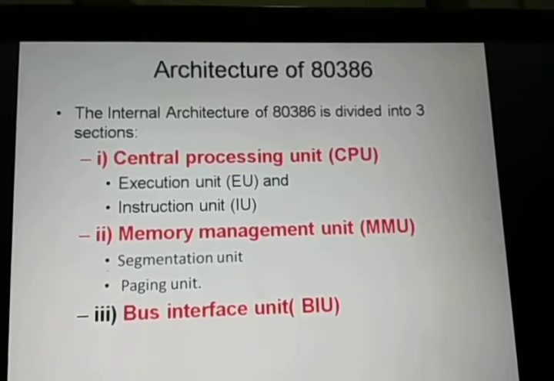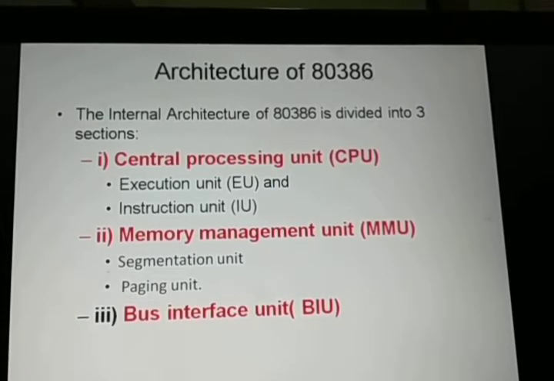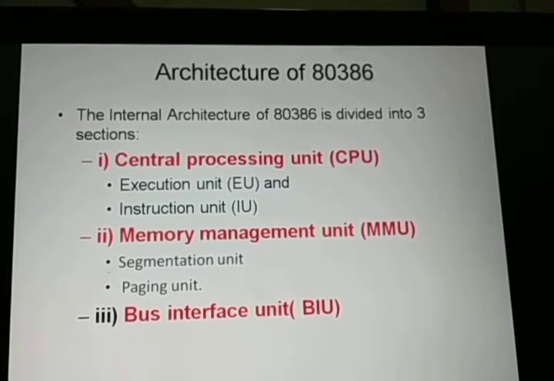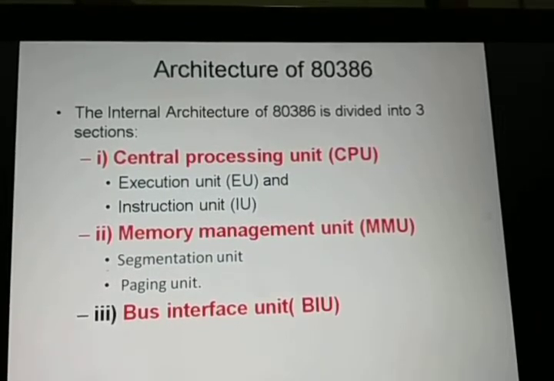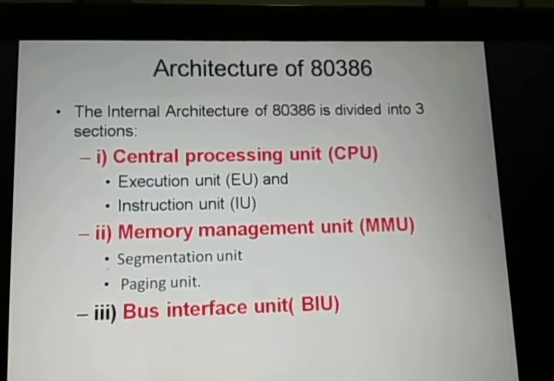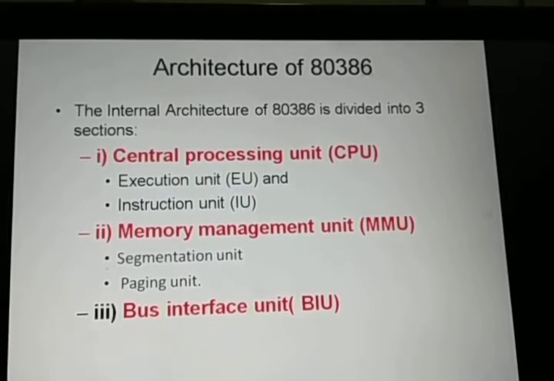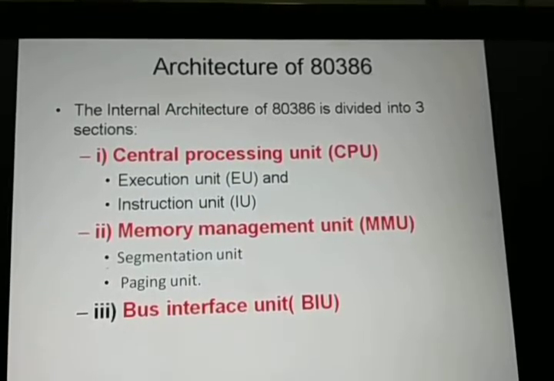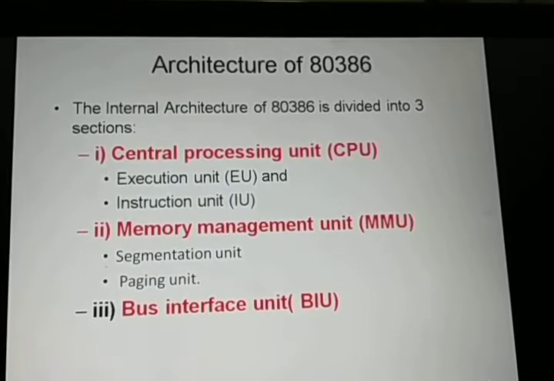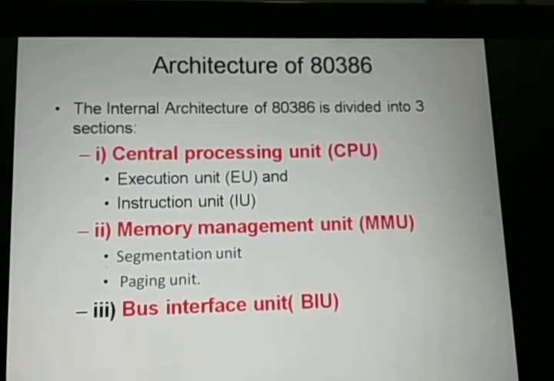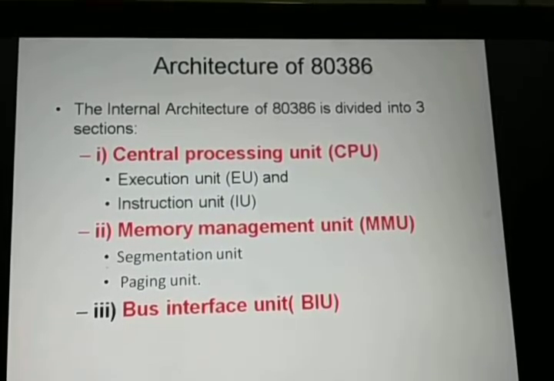Then this descriptor provides the base address, and when we combine this base address with the offset value, we convert the logical address into a linear address. So this is the part of the segment translation unit. This is the first thing. Second, the segmentation unit provides protection at the segmentation level. And third, it checks the attribute and PLA field.